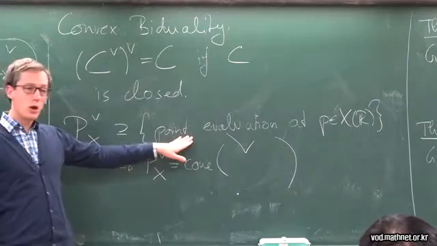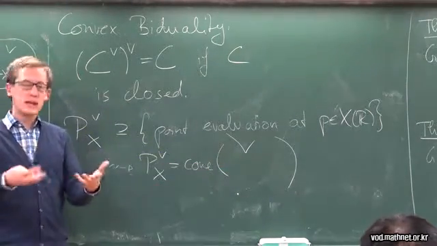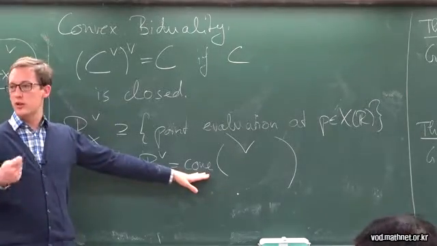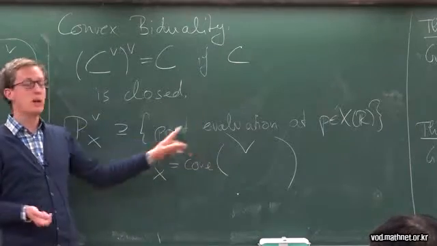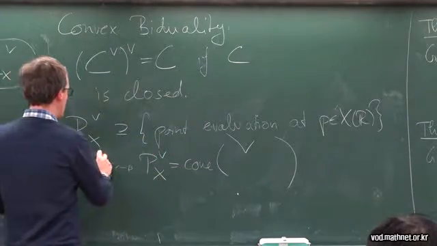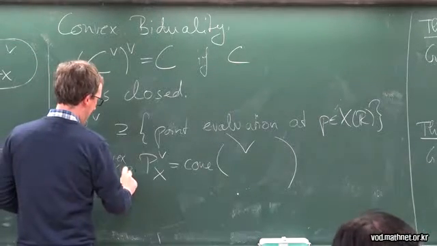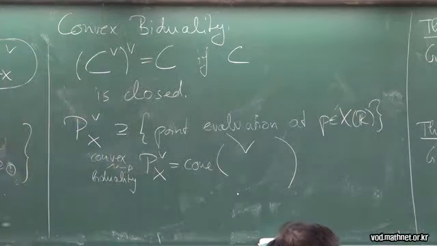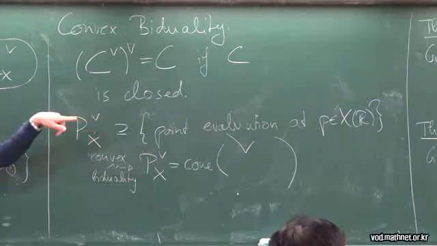If you take the dual cone to whatever this is, then you will exactly recover the condition that you're a non-negative polynomial, because you evaluate it at every point and you get a non-negative number. So by convex biduality, this cone is really just generated by point evaluations.